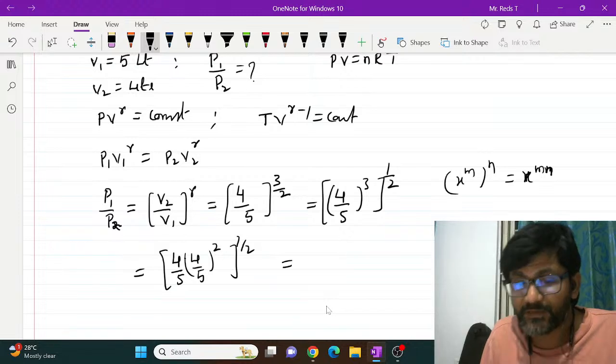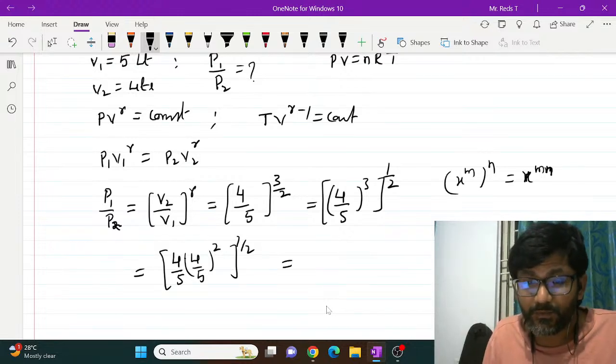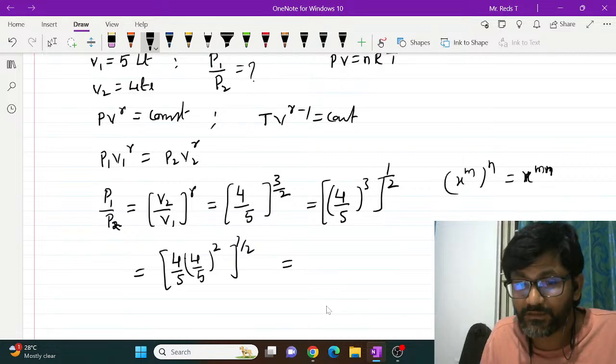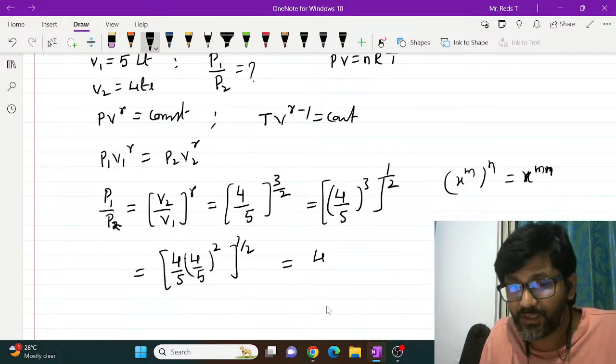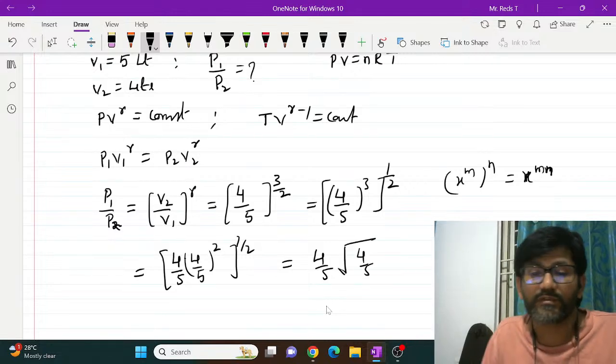Power half means root of the entire thing. If you write under root, then 4 by 5 whole square comes out and it becomes 4 by 5 into square root of 4 by 5.